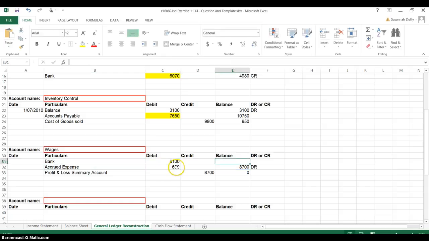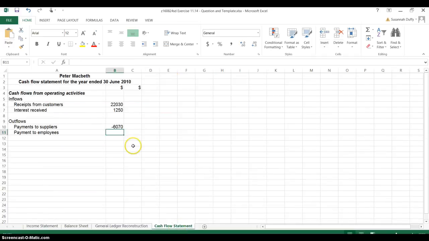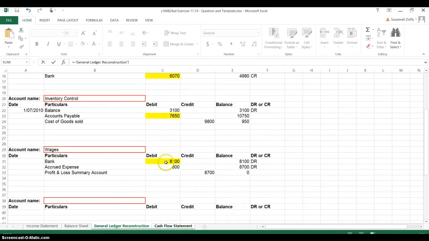So 8,100 is our figure. We just need to record that so that we have that finalized. So if you go over to your cash flow statement, you can put in equals negative, and then go back to the general ledger and pick that figure up.